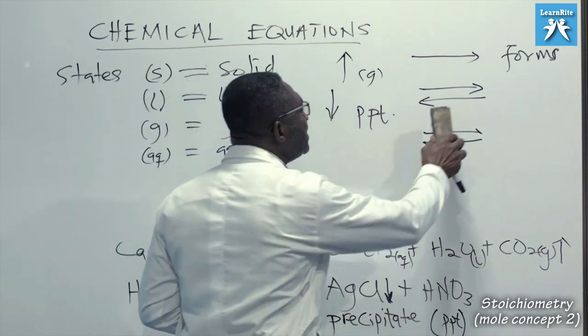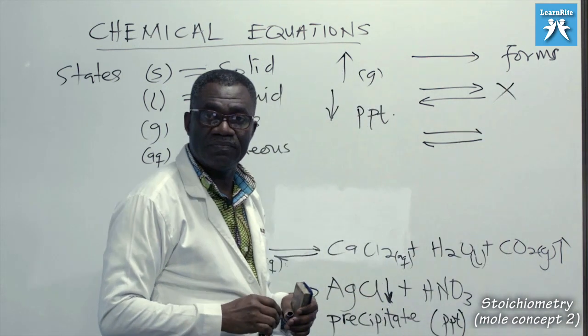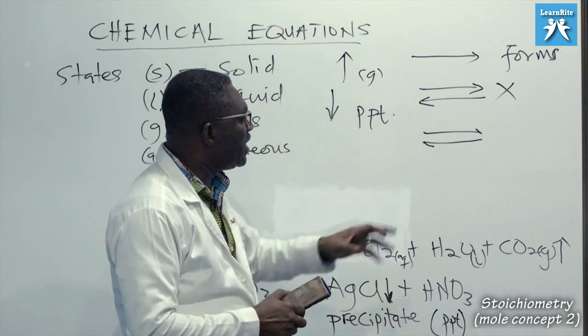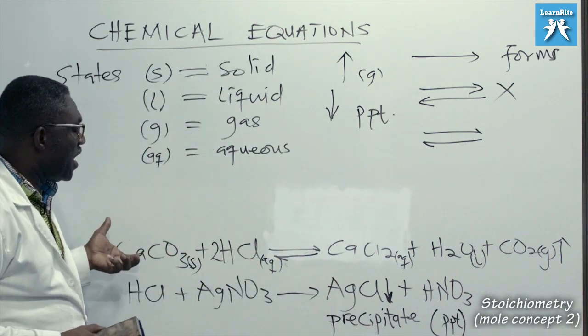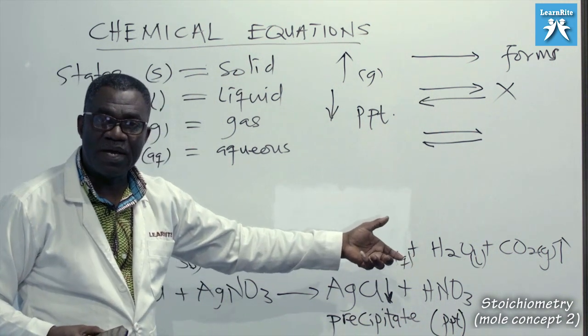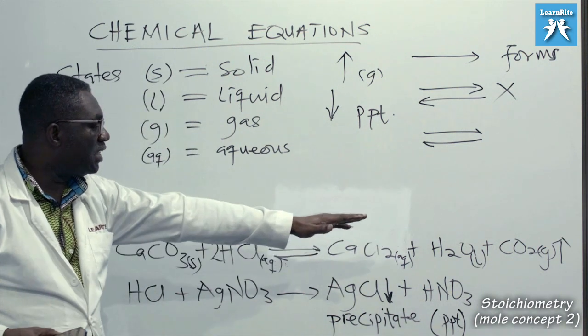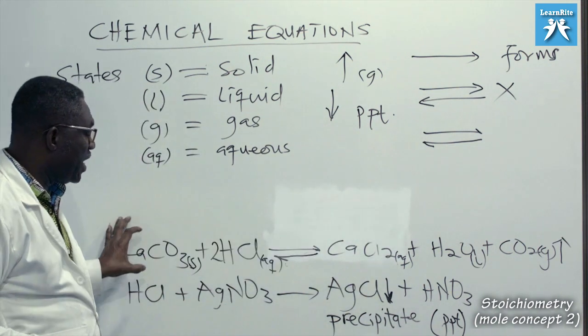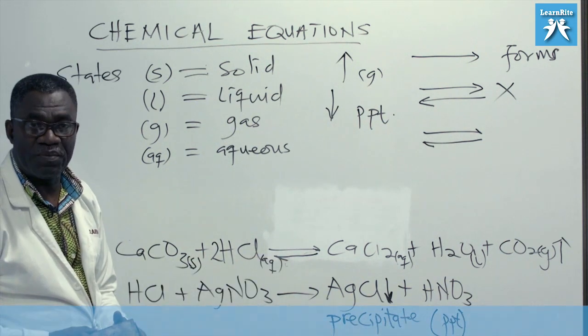So you hardly see this symbol being used in most of your books. It is this one that you find, telling you that if that reaction starts, at a point equilibrium is reached. The rate at which the product is formed and the rate at which the product reacts to form the reactants become equal. At that point, we say the reaction is at equilibrium.